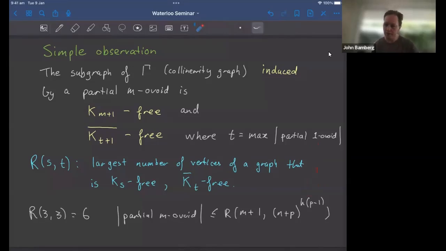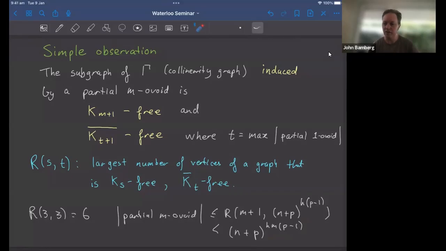And then this is roughly (n+p-1 choose n) to the h(m) if I use the classical upper bound by Erdős and Szekeres. Okay, so we get a nice bound just using Ramsey in terms of the parameters m, p, h, and n.